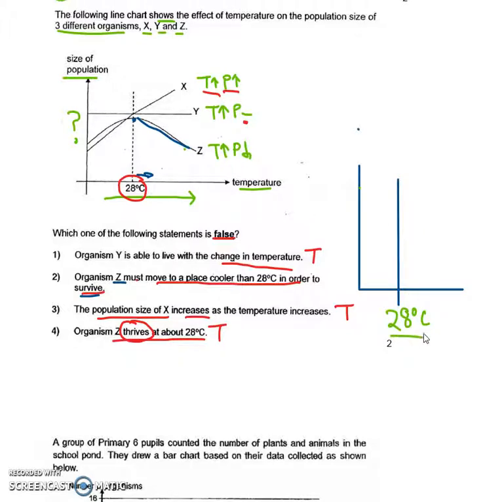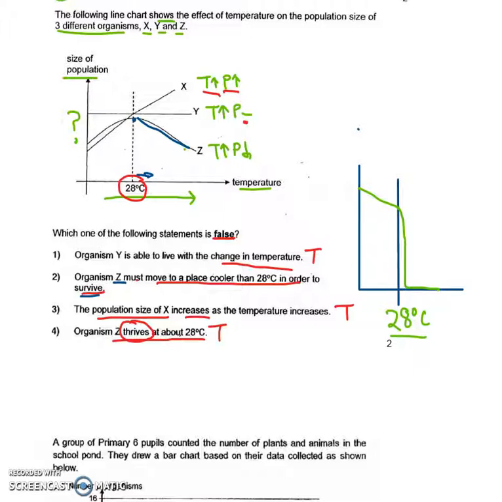This is 28 degrees Celsius, this is the line. The population would go down, and once it passed 28 degrees Celsius, it would collapse. So this would be a graph of an organism that does not survive past 28 degrees Celsius.